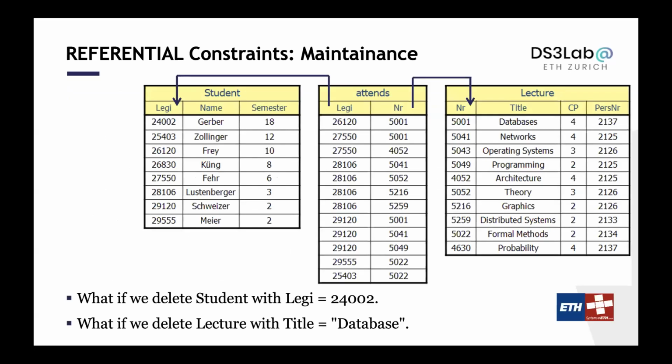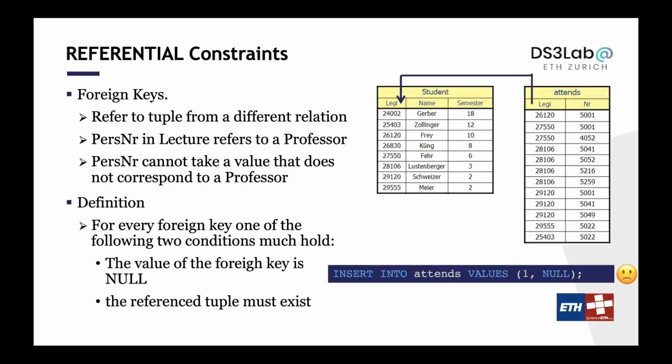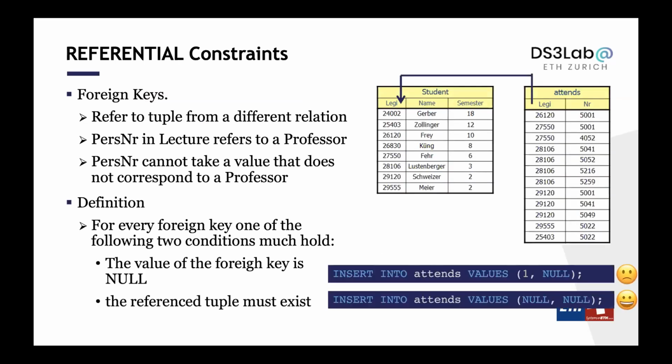Probably on this example. For example, the student ID here in attends is a foreign key, right? So if you put null here, it's going to be okay anyway.